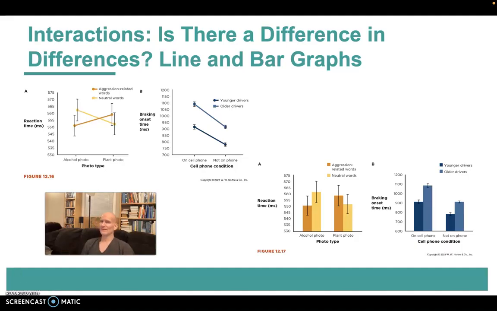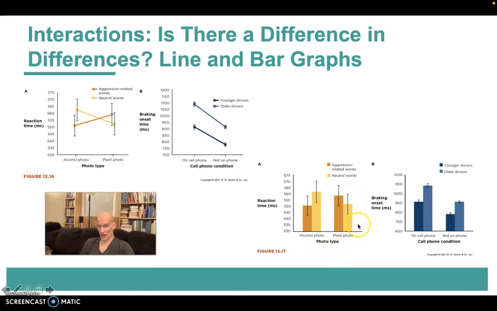What would those be? Well, it kind of depends on the situation. But one trick would be just to describe the pattern in the graph, first for one level of one variable and then for another level of that variable. So here you would say, when people respond to aggression-related words compared to neutral words, and they have been preceded by an alcohol-related photo, people are faster to aggression-related words than neutral words.